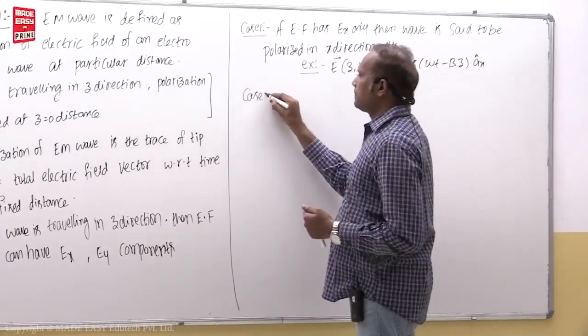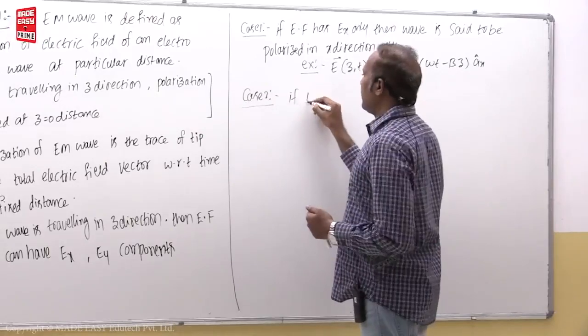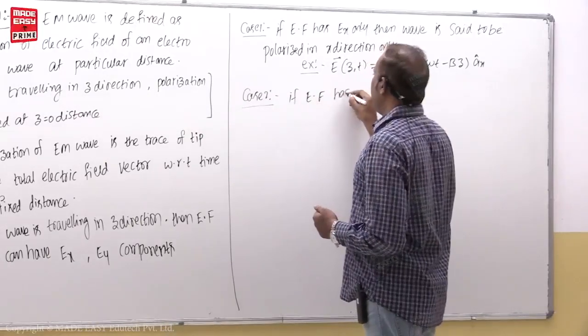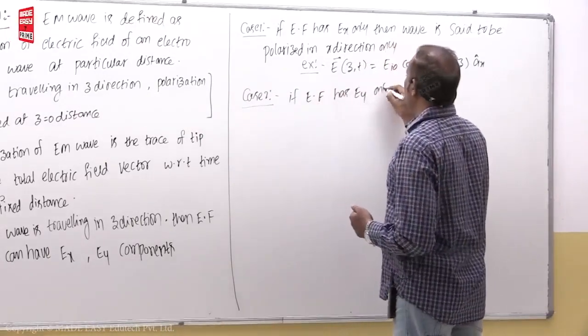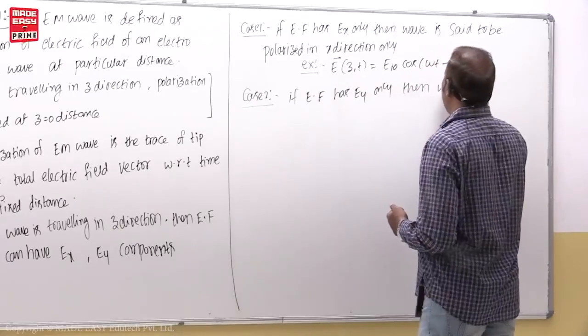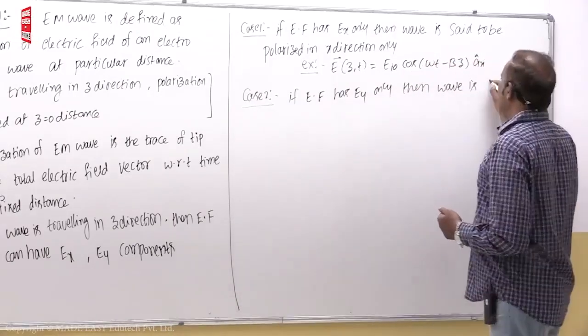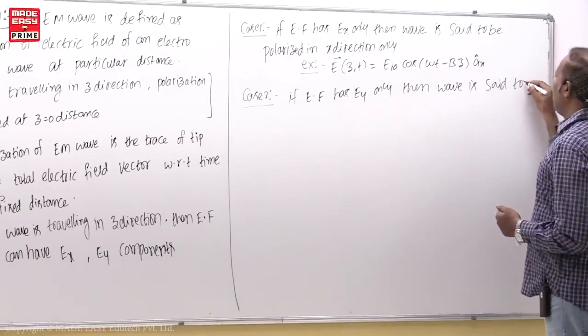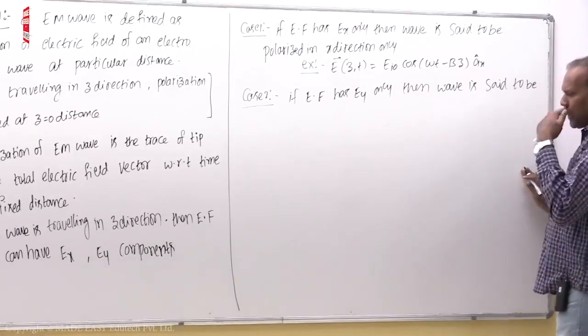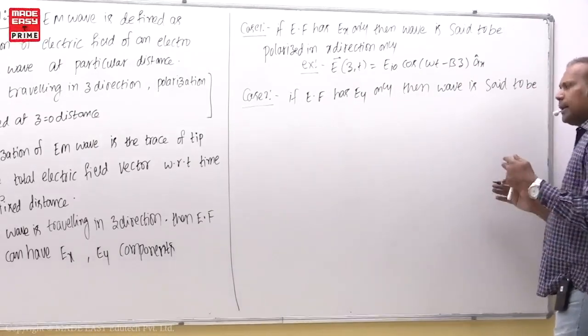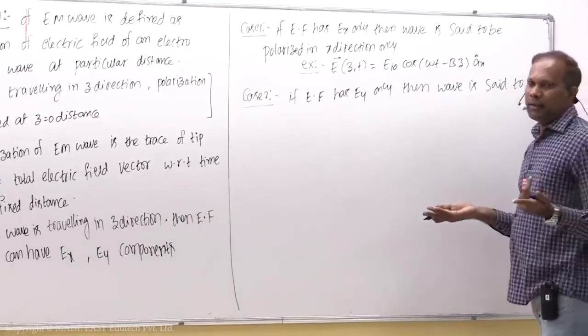Then case 2: if the electric field has Ey only, that means the electric field has only y component, then polarization is in y direction only. It is very simple.